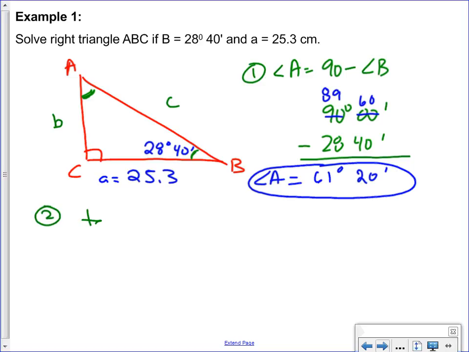Tan of 28 degrees 40 minutes is equal to little b over 25.3. But your calculator doesn't do minutes. What do we do?